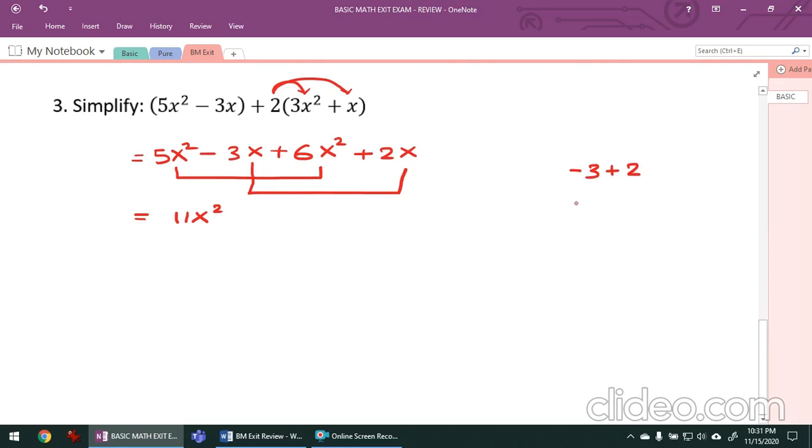Give the sign of the big number. So minus 1. Okay. One number is minus, one number is plus. You have to subtract, big number minus small number. Then give the sign of big number. So minus 1. So we have minus x. That's all.